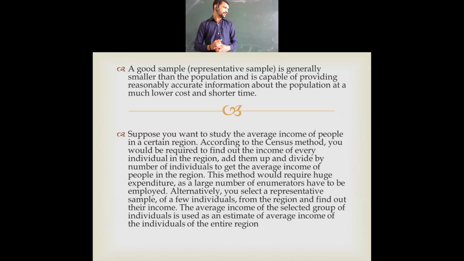Alternatively, you select a representative sample, a few individuals from the region, and find out their income. The average income of the selected group of individuals is used to estimate the average income of individuals in the entire region.